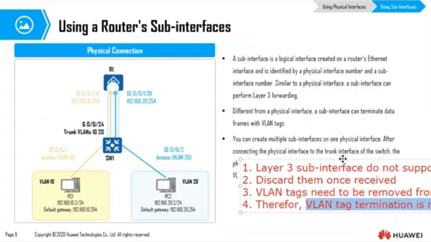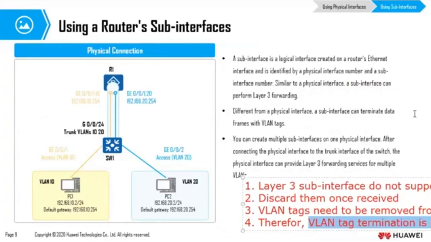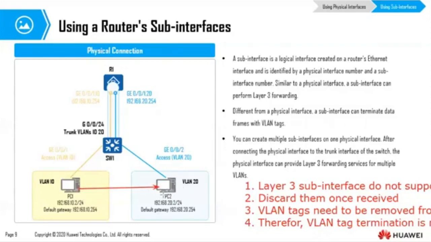So let me see how I can explain this. PC1 wants to communicate with PC2. So look here what happens. PC1 sends the data frame to switch 1.